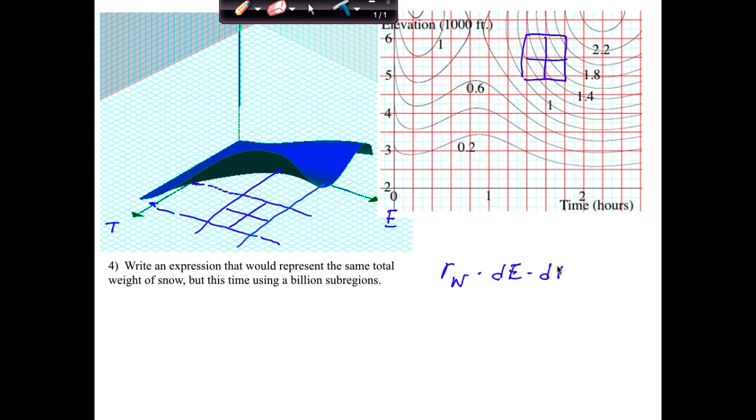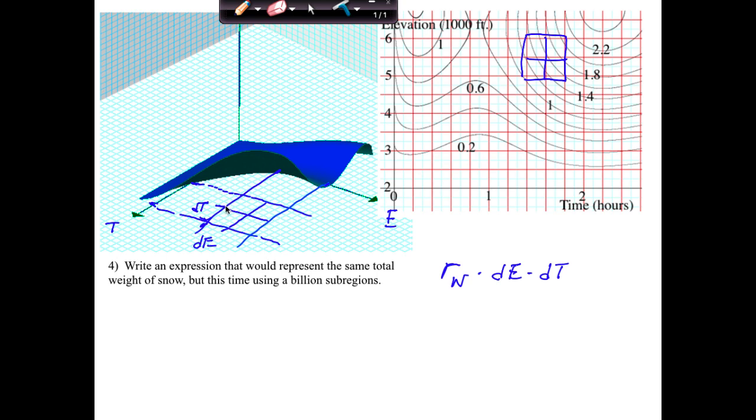What would be the geometric analogy to that? So the rate of change of W is what dimension here? This is our dt, right? And this is our dE right here. Where's the rate of change of W? The z coordinate, right?